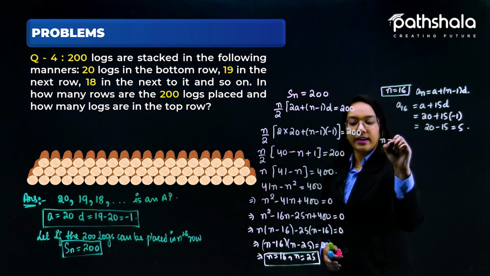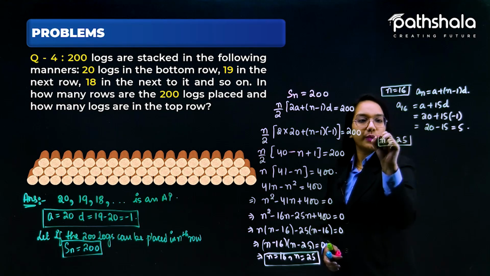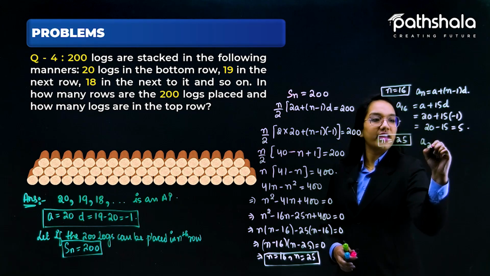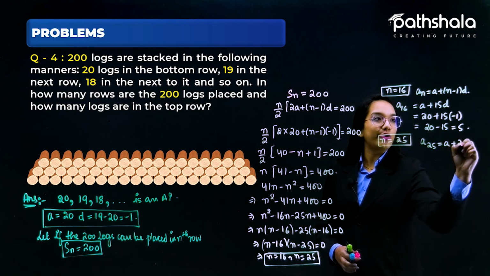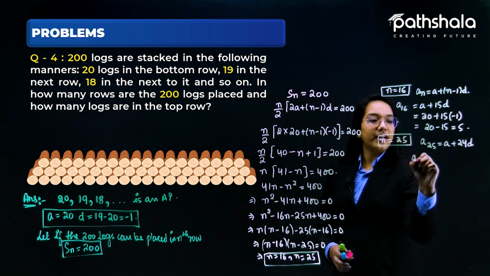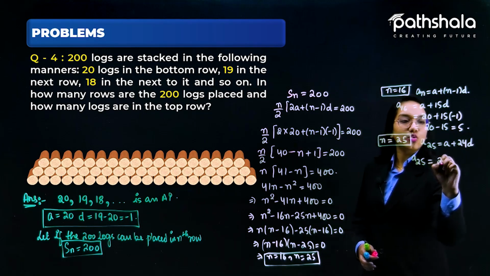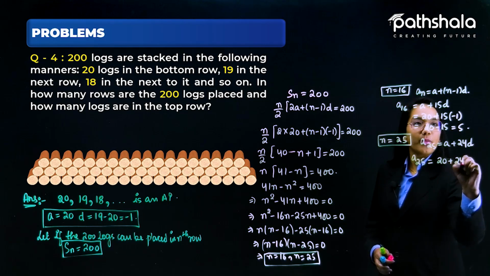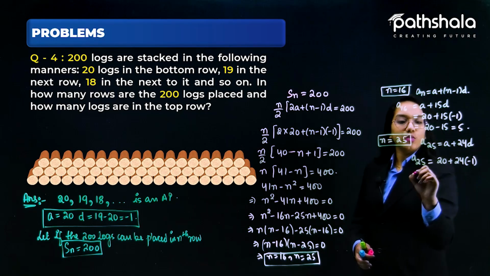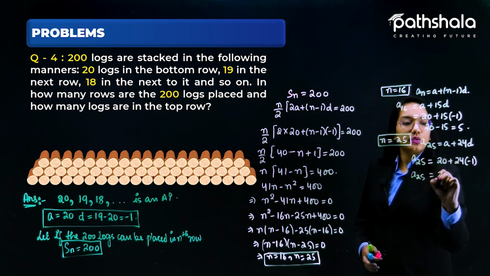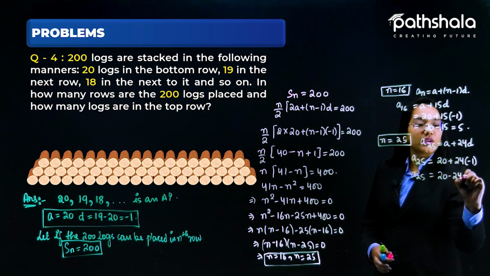Now if n is equal to 25, a25 is equal to a plus 24d, which is 20 plus 24 into minus 1, so a25 is 20 minus 24, which is equal to minus 4.